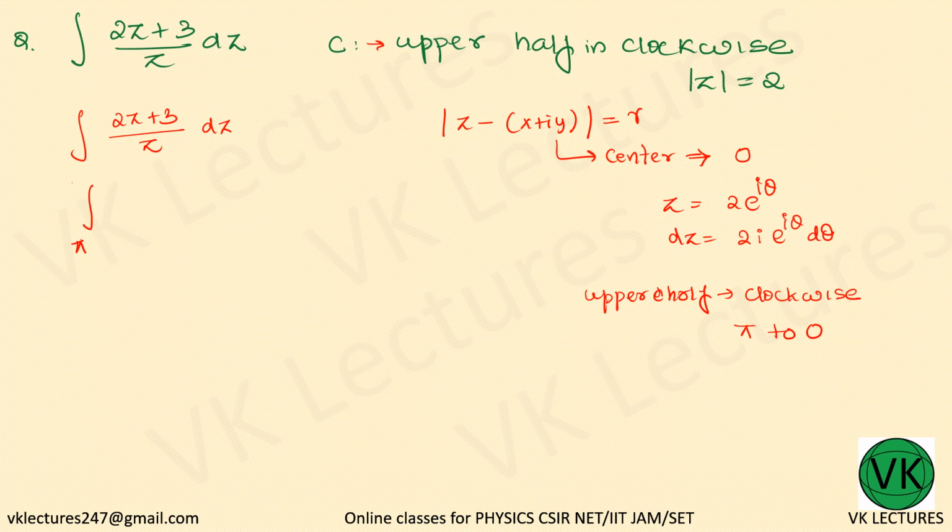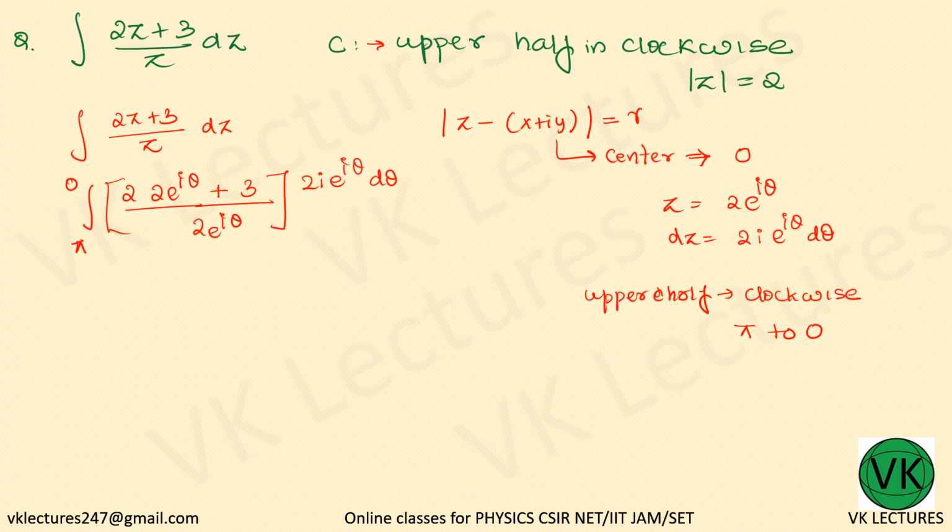So pi to 0, z is 2 into 2 e to the power i theta, plus 3, divided by 2 e to the power i theta. Now we need dz. Dz is 2i e to the power i theta d theta.